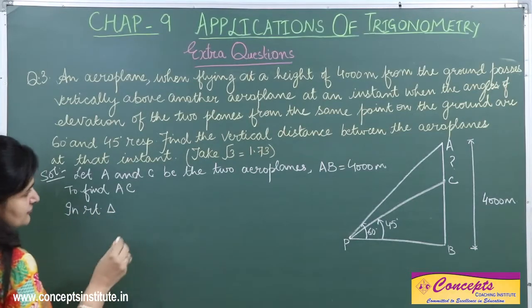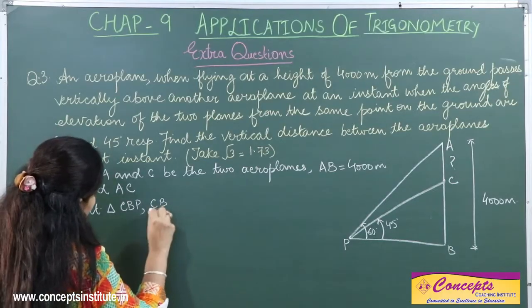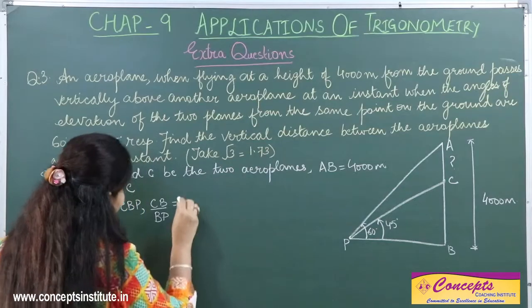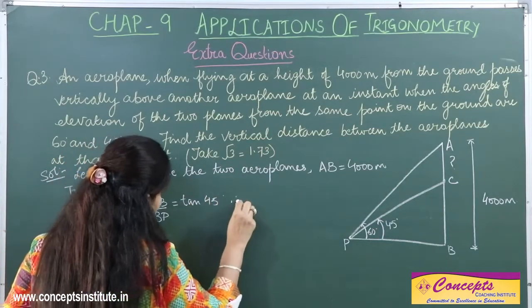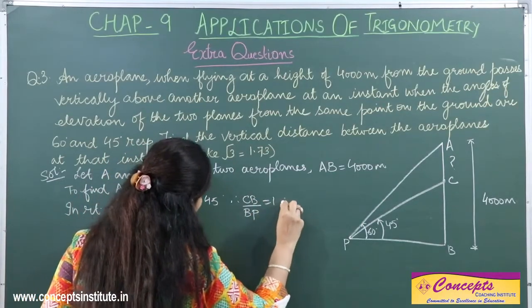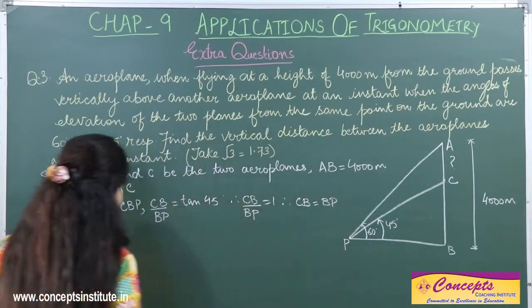Let's try to find out the value of BP from both the triangles. In right triangle CBP, we have CB upon BP equals tan 45, and we know that tan 45 is 1. Therefore CB upon BP would be equal to 1, so CB would be same as BP.